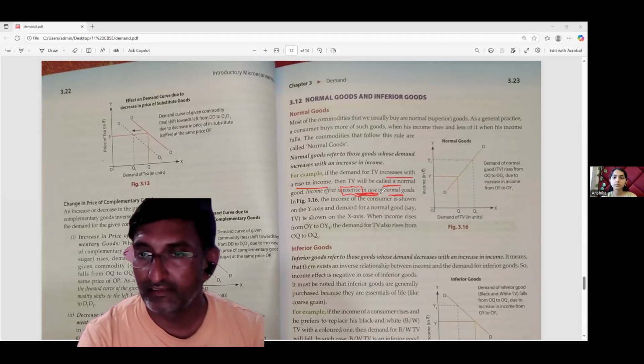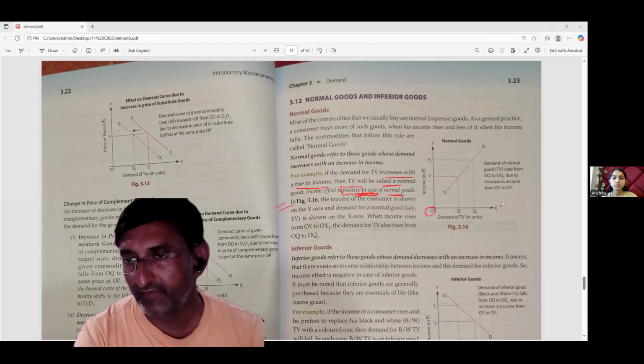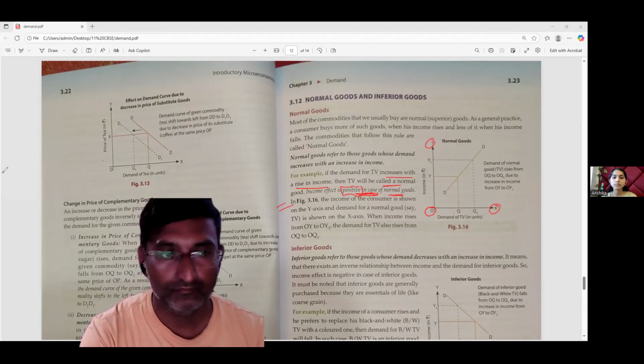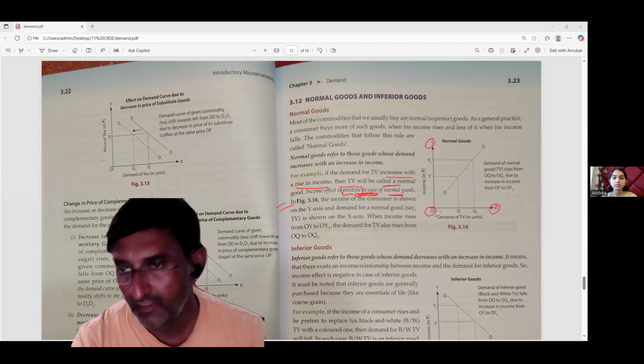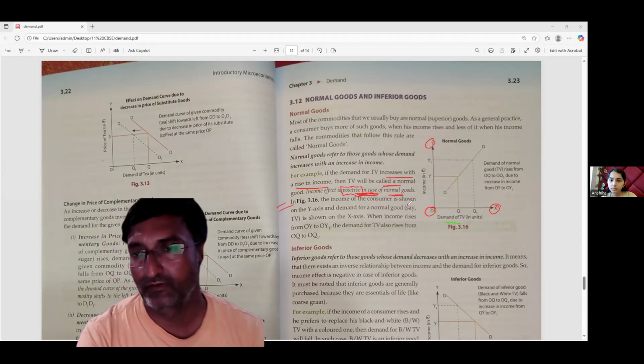Now, the second thing is the income of the consumer shown in this diagram. Here is the O axis, here is the X axis, and here is the Y axis. The O axis indicates demand for TV, and the O2 axis indicates income of the TV consumer.